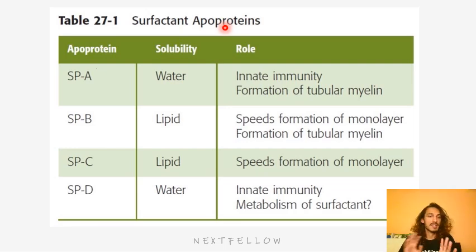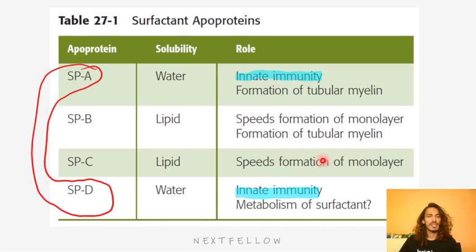Apoprotein by itself has different functions. The most probable question that's going to come is innate immunity. For innate immunity, SPA and SPD are known to be important. So just remember that SPA and SPD are for innate immunity. And we have SPB and C, which help in the monomolecular layer formation. This is not that important. The innate immunity one is the most probable one that is going to come as a question.